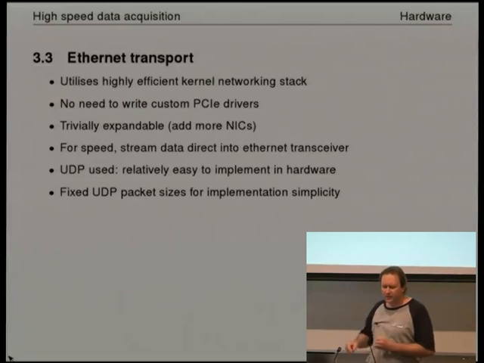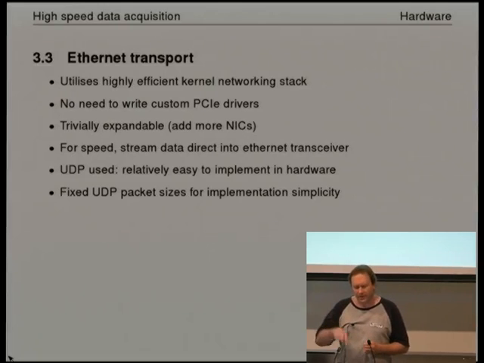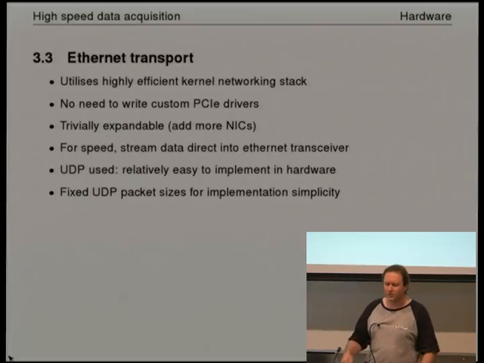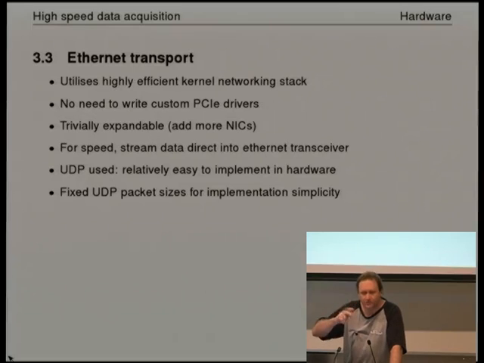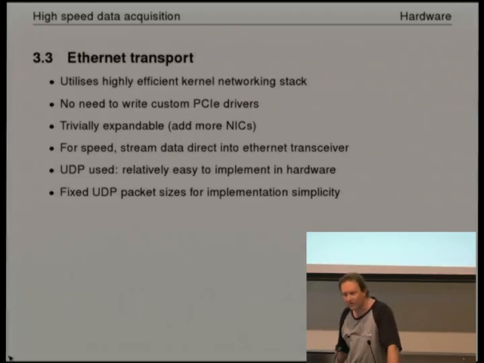Now for speed, so we're now getting into some of the other choices of the architecture. We went with UDP. I mentioned before that the initial idea was to stream this data through the PowerPC chip and maybe do some processing in the PowerPC chip to reduce the data rate, and then plug that out onto the network.